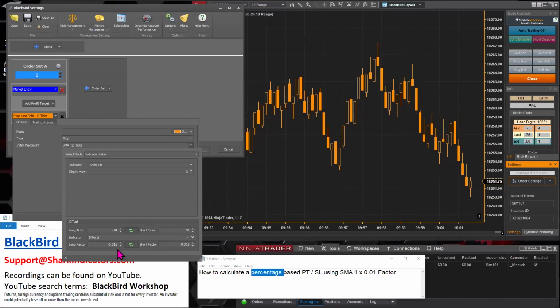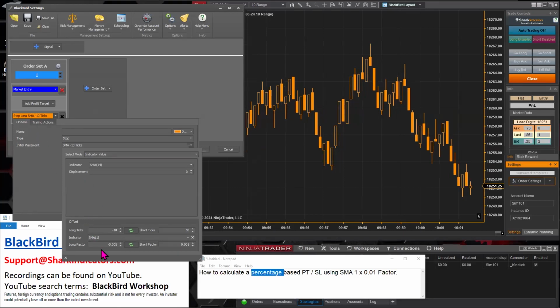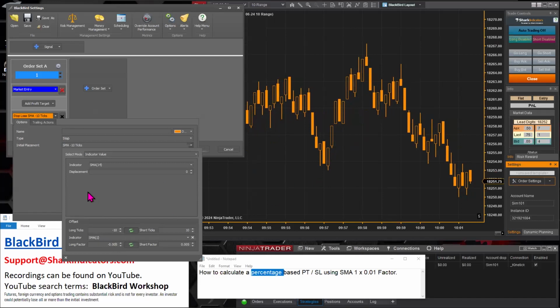So we can do 1.5%, or we can do 0.5%. This will calculate a stop loss of 0.5% based on whatever the closing price of the bar was.